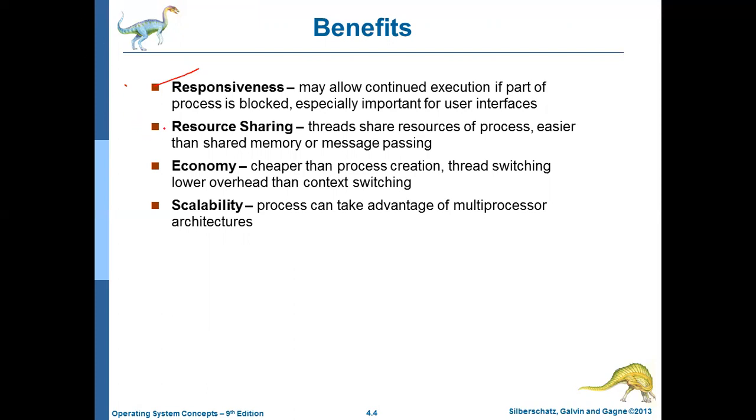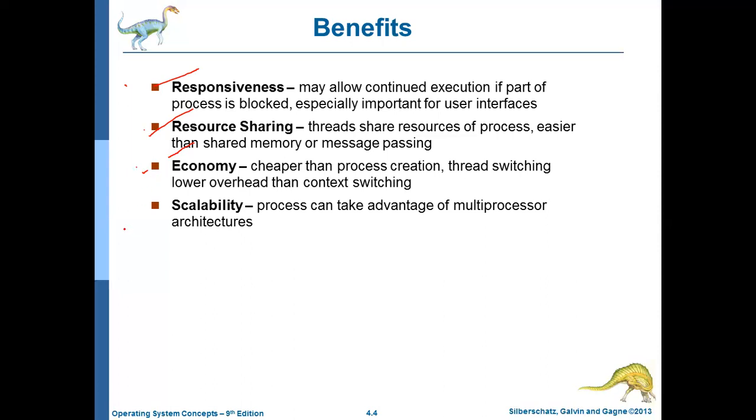The second advantage is resource sharing. We have already seen in the previous diagram that the code, data, and files are shared among all the three threads that belong to the same process. Economy: because of this resource sharing concept, threads are cheaper to create than processes, and thread switching has lower overhead than context switching.